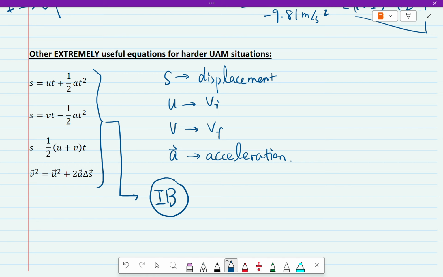Third one, displacement is equal to 1 over 2 bracket initial velocity plus final velocity bracket times time. And the last one, final velocity squared is equal to initial velocity squared plus 2 times acceleration times displacement. And these formulas will be used in my next video about projectile motion a lot.